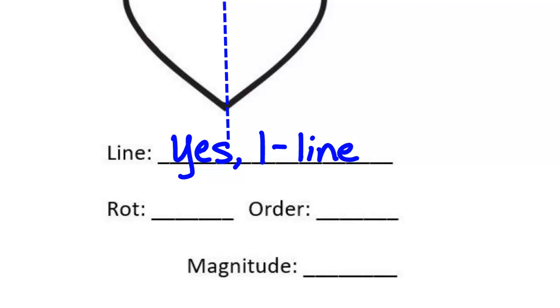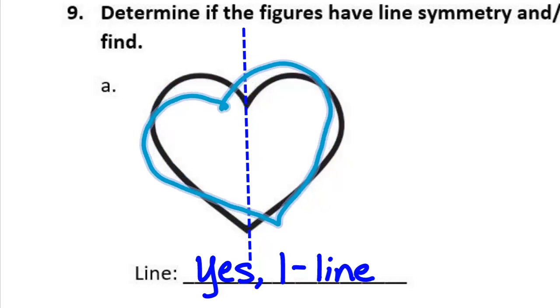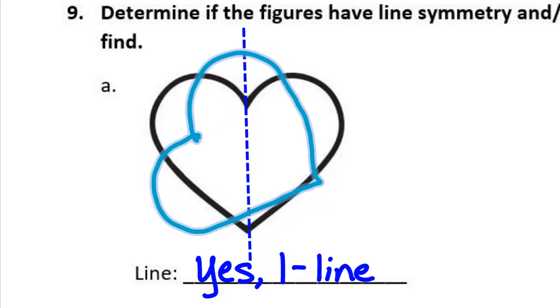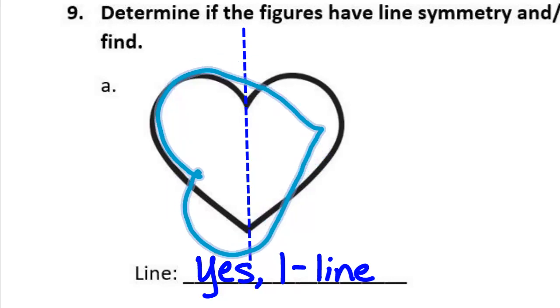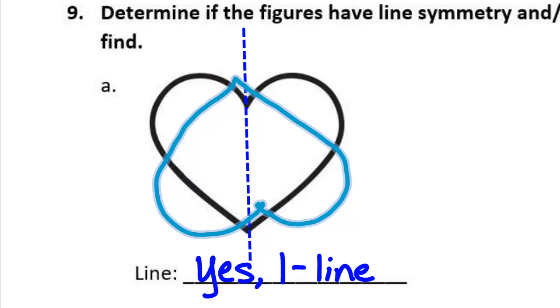What about rotational symmetry? Could I spin this heart around and make it match up with itself? Stopping short of a full spin. Because remember, a full spin, everything has 360-degree rotation, so that's not anything special. If I take this heart and I spin it, is there anywhere that I could stop that it matches up with itself before I get back to where I started?